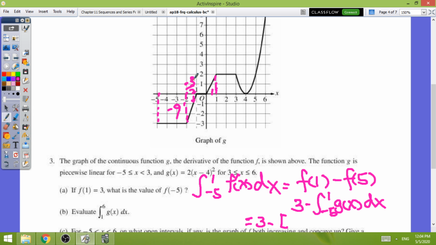Combine all three areas together: -9 minus 3/2 is -10.5, plus 1, so -9.5.